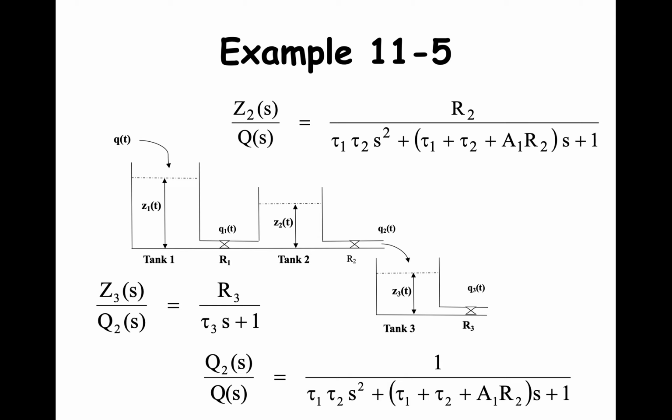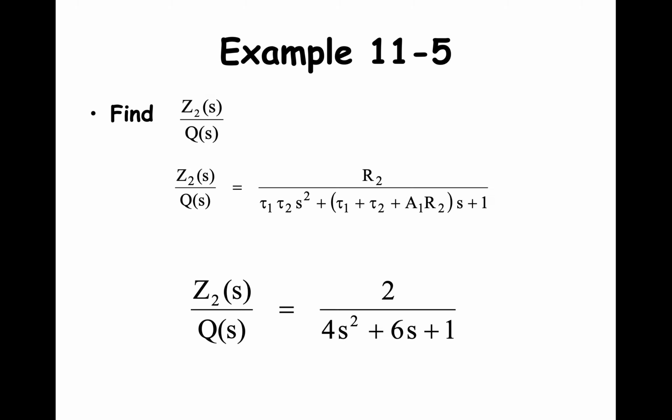The expression for Z2 over Q we can get from page 11-6 of the course packet, and the expression of Z3 over Q2 we get from page 9-6 in the course packet. We will also use the expression for Q2 over Q, which we get from page 11-6 of the course packet. To find the transfer function of Z2 over Q, we can write the expression we have.